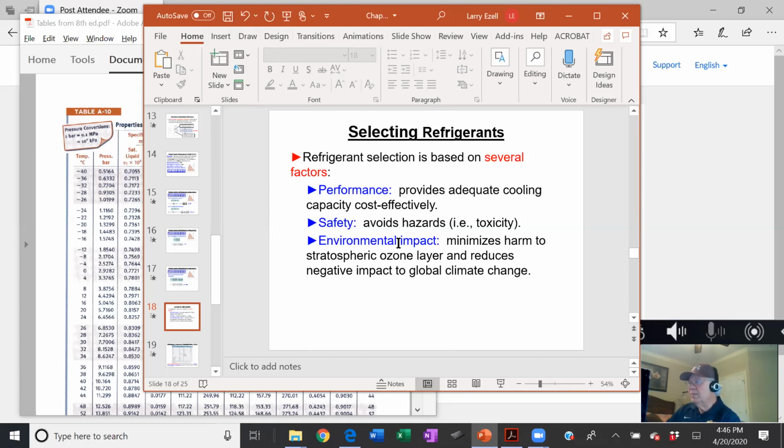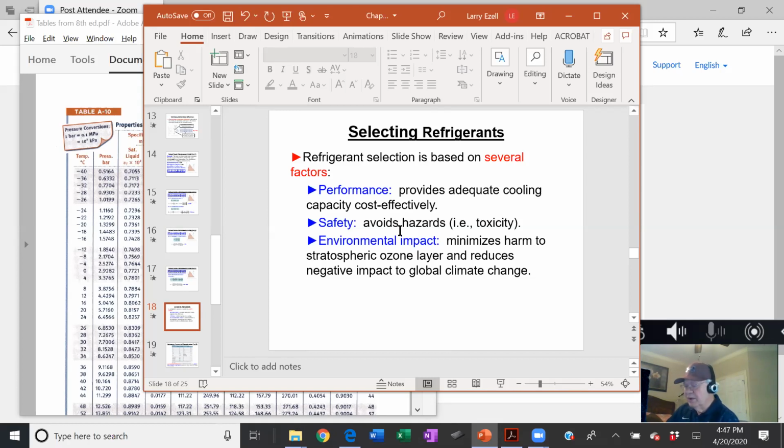So just a little bit about environmental impact. About 10 or 15 years ago, the top refrigerants were either R22 or R12. Now the R, as you know, is for refrigerant. These were trade name Freons. Freon was a DuPont trade name. Freon 22 was R22.